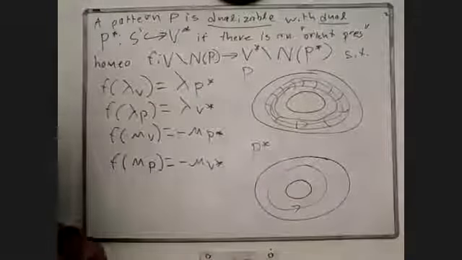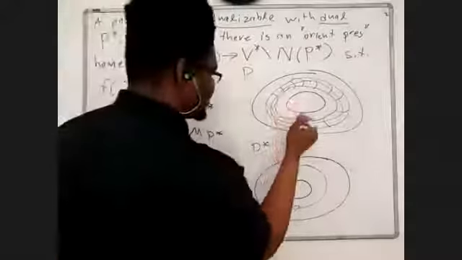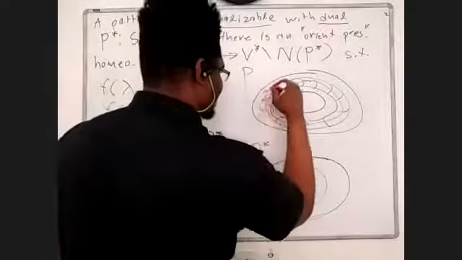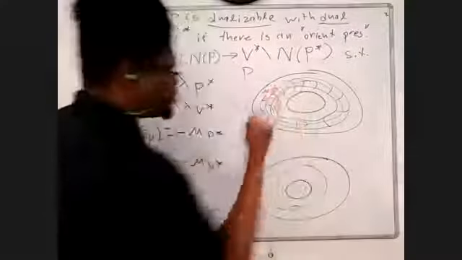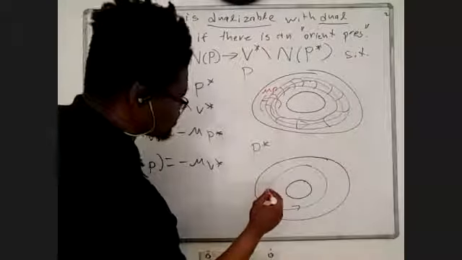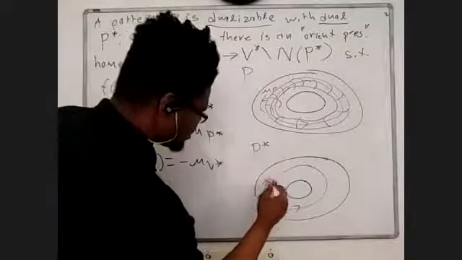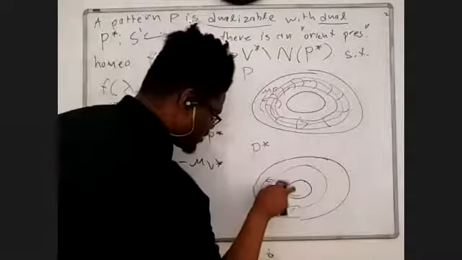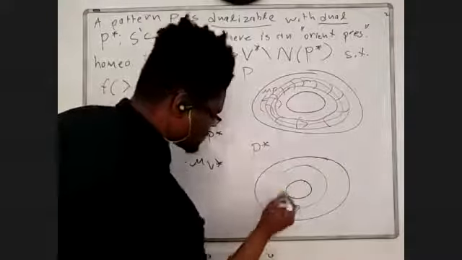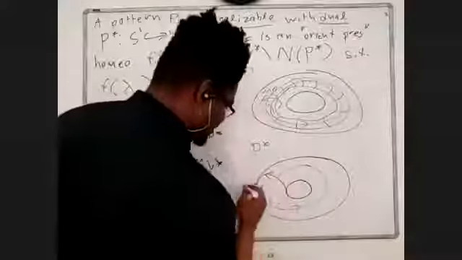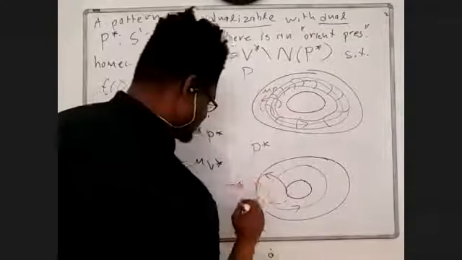This is going to take, let's say this is the meridian like this. It's going to take this guy to this guy. Oh, my bad. Didn't switch it. To this guy. And this is going to be minus the meridian of V star.